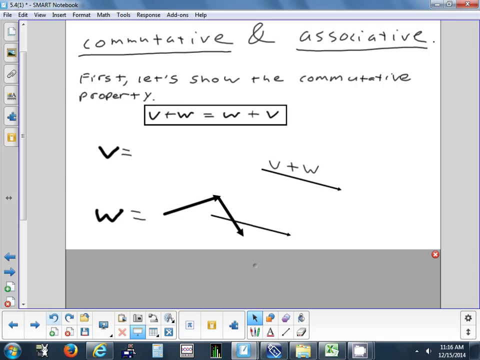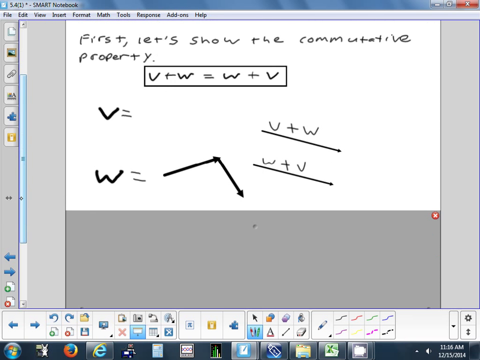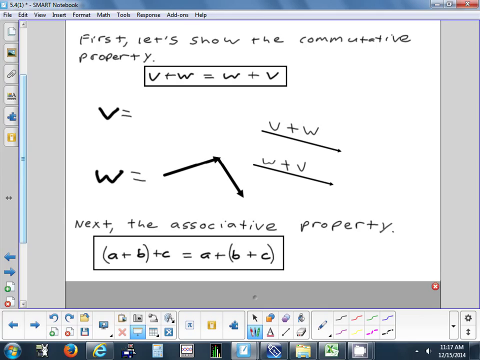So whether you do v plus w or w plus v, it comes out exactly the same. Any question on that? This is pretty straightforward. It shows it's commutative. Okay, let's look at associative.